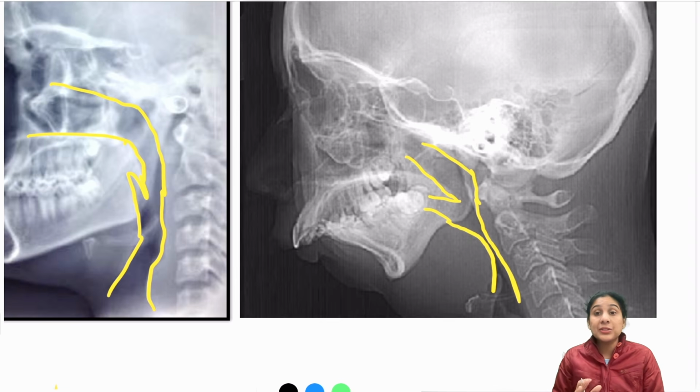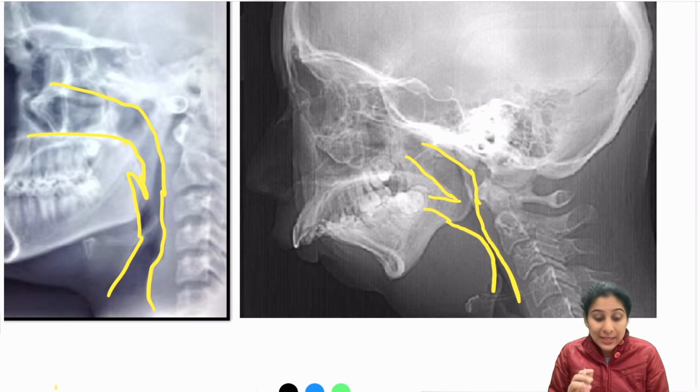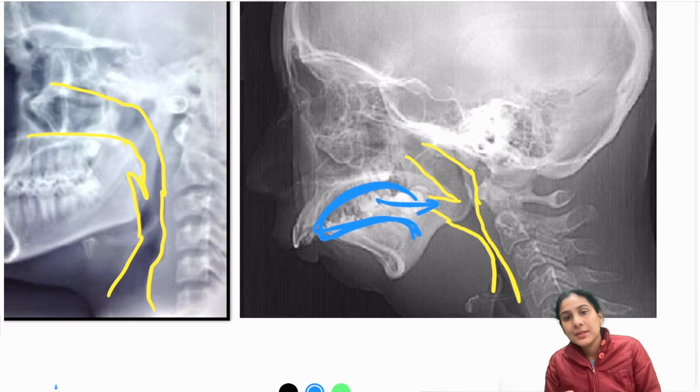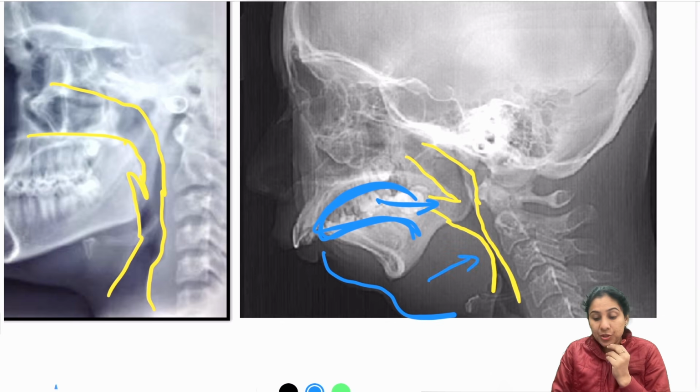This is when the patient is straight, standing or erect. As soon as this patient lies down, the tongue falls back. The soft tissues of the chin, because there is no menton, the chin is so far back, these soft tissues are relaxed.